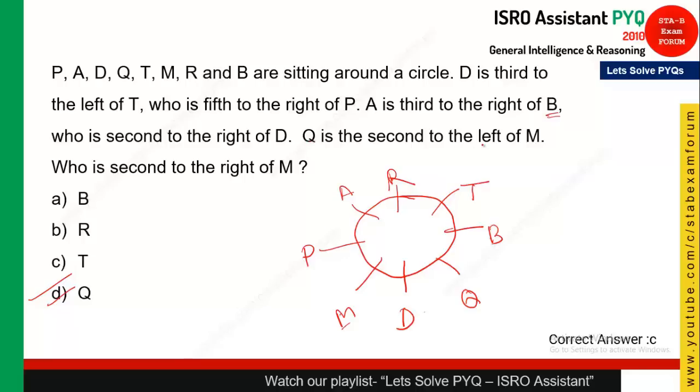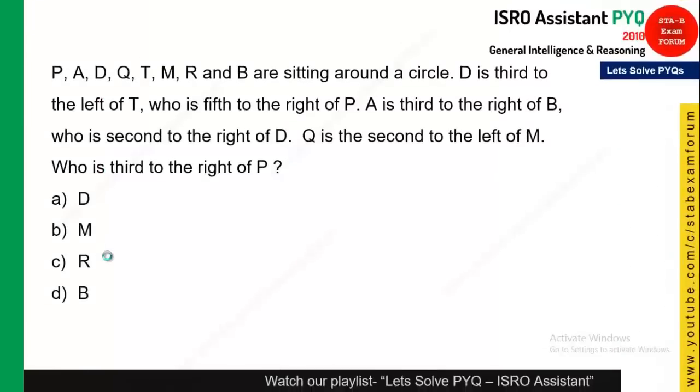It is Q is second to the left of M. So here M should come. Q is second to the left of M. So in that case, who is second to the right of M? 1, 2. So T. So option T is the correct answer.